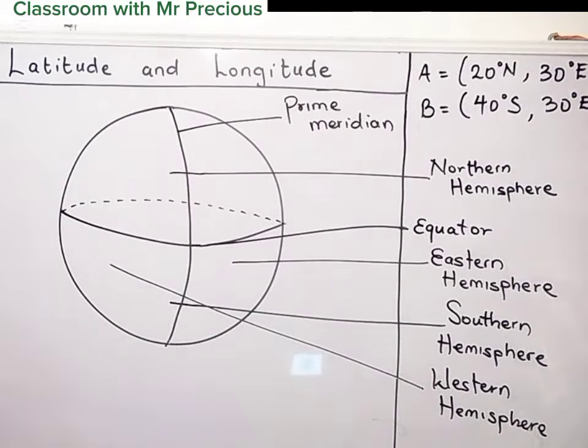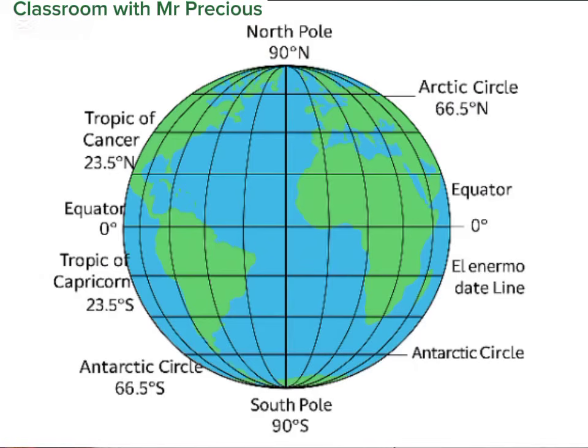All right, that being said, look at this picture on your screen. I'm showing you some of the lines of latitude that are very important. You can see the North Pole at the very top, the South Pole at the bottom, and other lines like the Tropic of Cancer, the Tropic of Capricorn, and the Antarctic Circle.